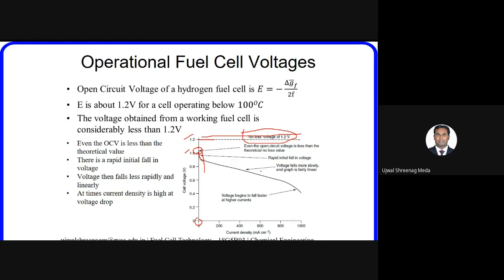After a certain point, until this point, the loss in voltage or the decrease in voltage is fairly linear, and again at very high current densities the drop in voltage is again non-linear. So that means this IV curve can be split into three zones.